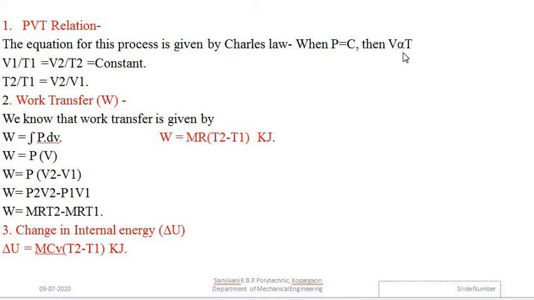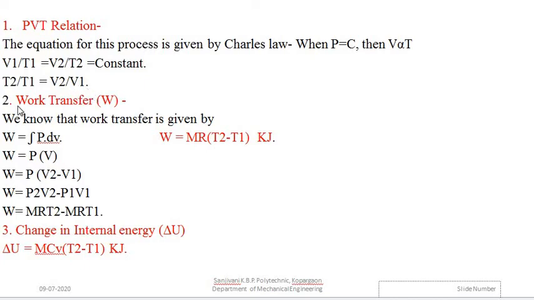V by T remains constant throughout the process during the change of state. Applying this equation to state points 1 and 2, V1 upon T1 is equal to V2 upon T2. Therefore, we can write in terms of temperature ratio and volume ratio, that T2 upon T1 is equal to V2 upon V1, or we can write the reciprocal of this.